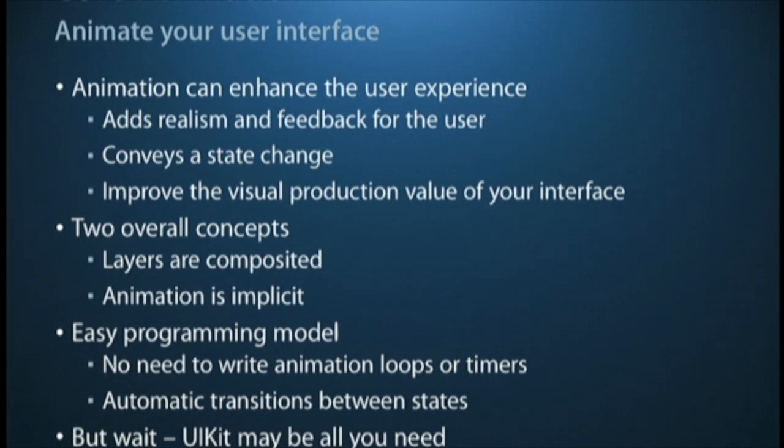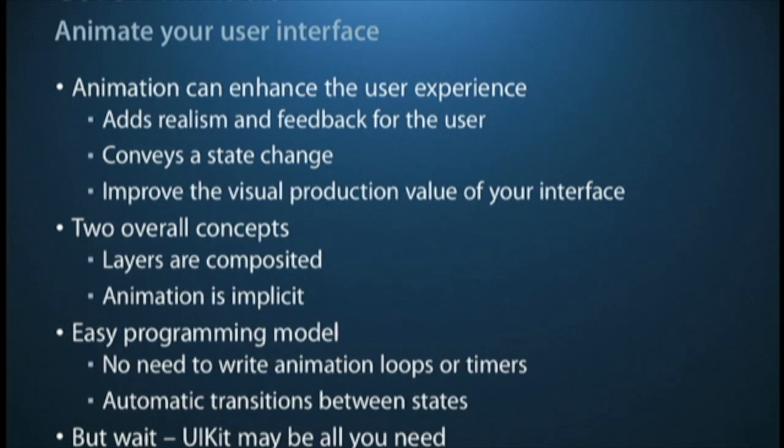The implementation takes care of animating that object to its destination or that property to its new value. Now, I'll point out, if you're just using UIKit, there are a lot of classes with properties that are animatable. And for those, you don't need to learn Core Animation. You can just use the UIKit APIs, and it'll use Core Animation itself. But let's dive deeper into the main concepts of Core Animation.